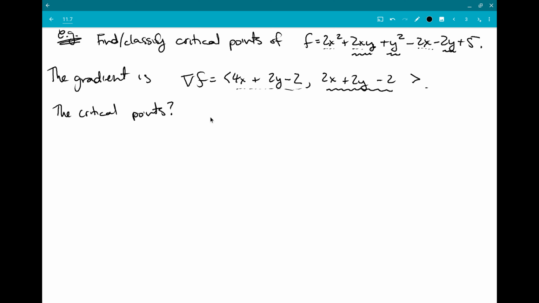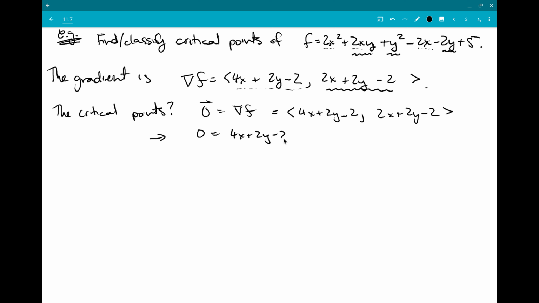And I want to find the critical points by setting 0 equal to grad f. And so that means that the vector 4x plus 2y minus 2, 2x plus 2y minus 2 should be equal to 0, which means that I need 0 equal to 4x plus 2y minus 2, so that the first component is 0.